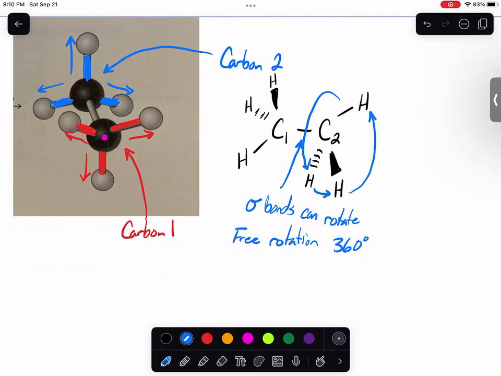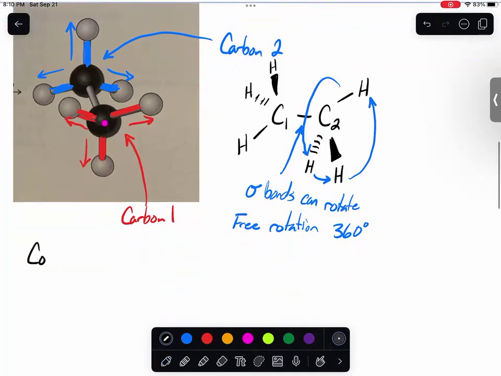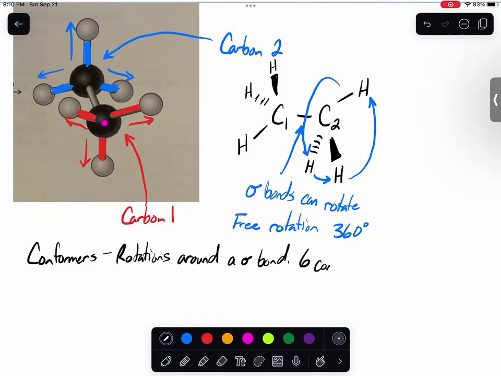So this generates these things that we call conformers. Okay. And so these are just rotations around a sigma bond, right? And there's always six conformers per bond. All right. So if you're looking at one sigma bond, it has six rotational conformers.